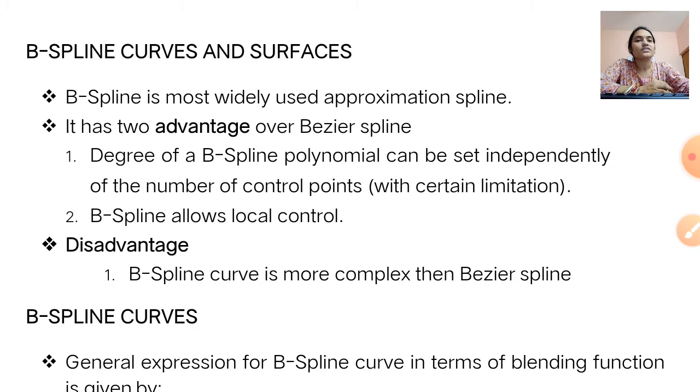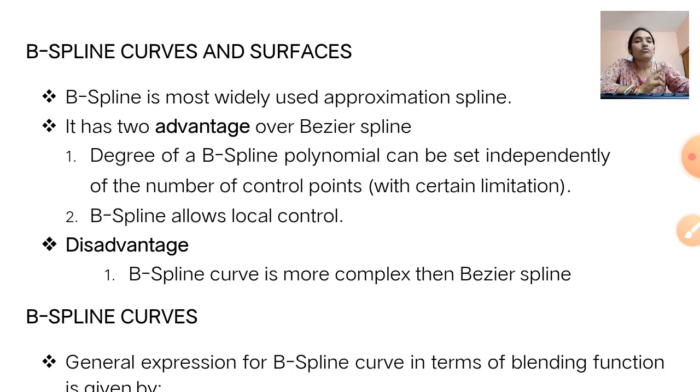First, the degree of a B-spline polynomial can be set independently of the number of control points, with certain limitations. And another one is B-spline allows local control.